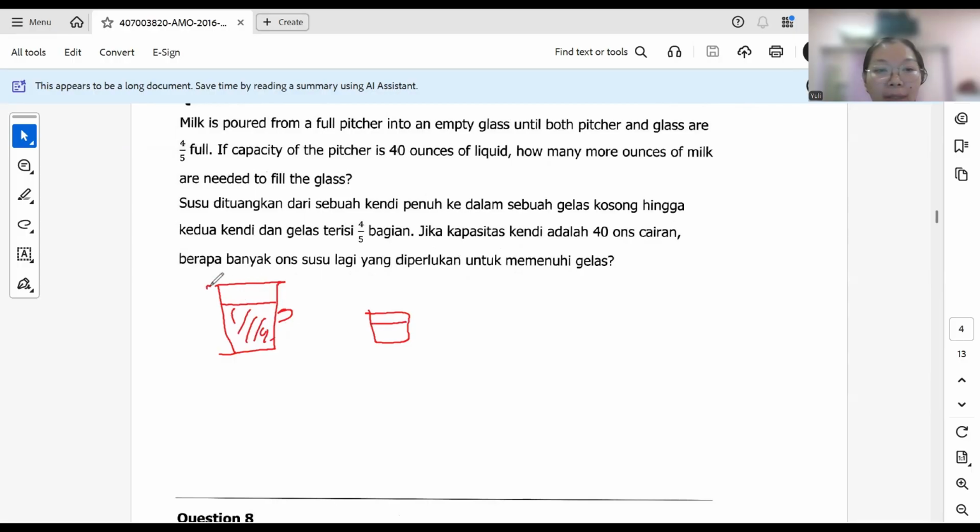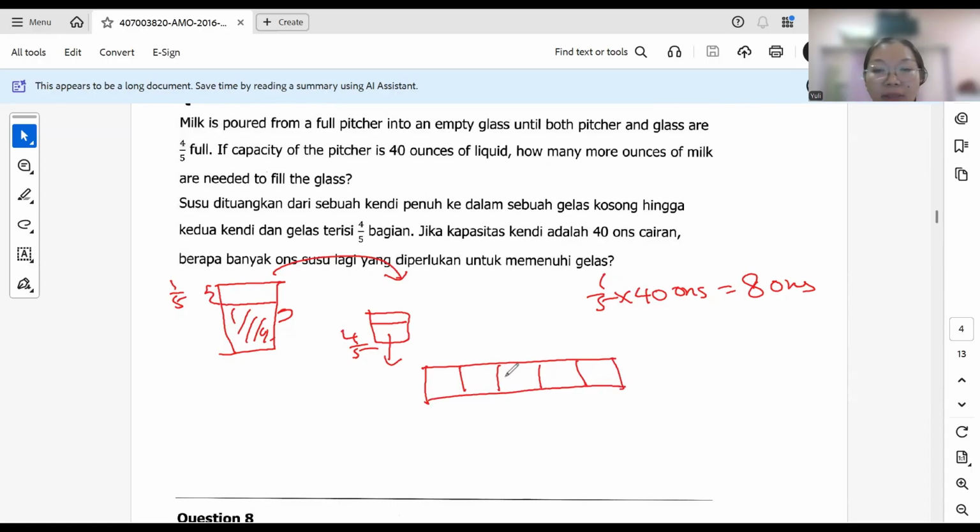It will miss 1/5. So 4/5 of the pitcher will go to fill the glass. So we have to find 1/5 out of 40 ounces, which is 8. So we draw, this is for 4/5, right? So we draw boxes to help us think.